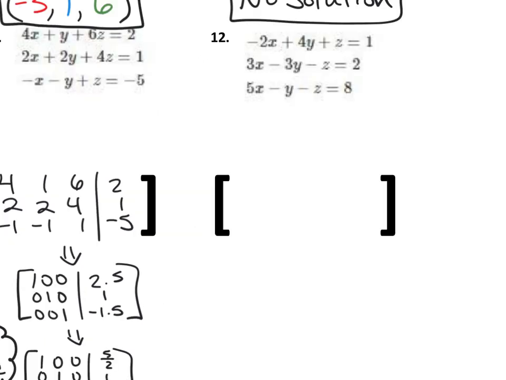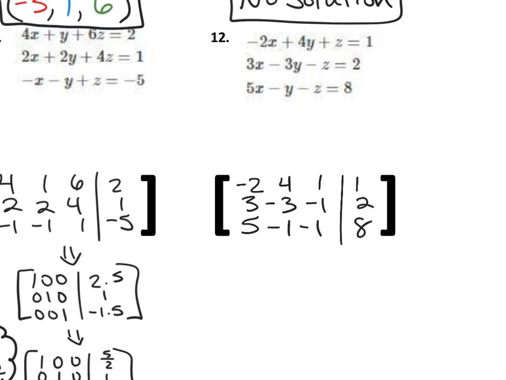So for this one, we would have written the matrix negative 2, 4, 1, and 1, 3, negative 3, negative 1, 2, 5, negative 1, negative 1, and 8. When you do this, I'll show this one on the calculator because I think we need to see another example. We go to second matrix, and we go to edit.